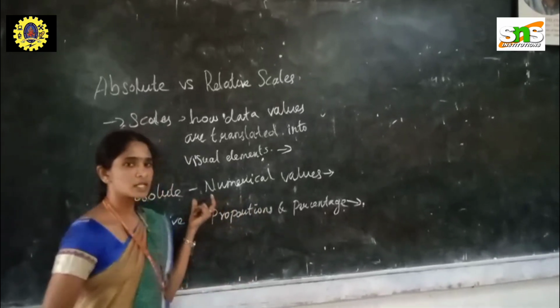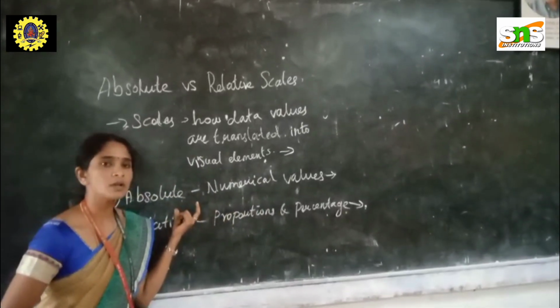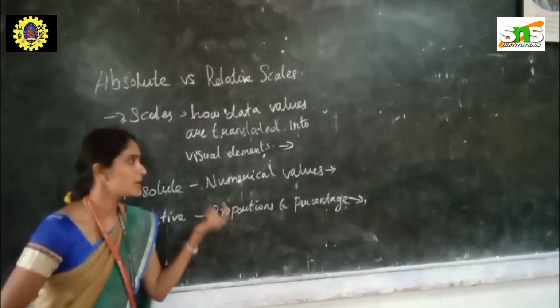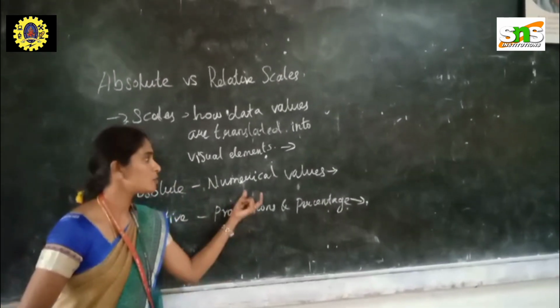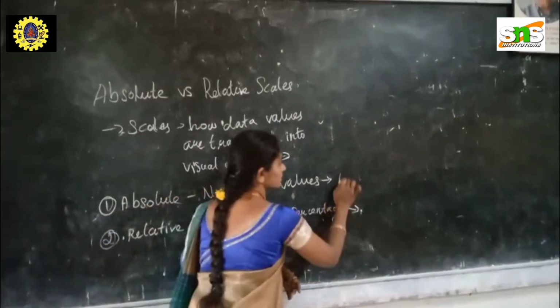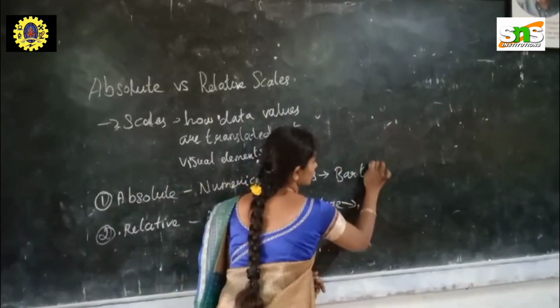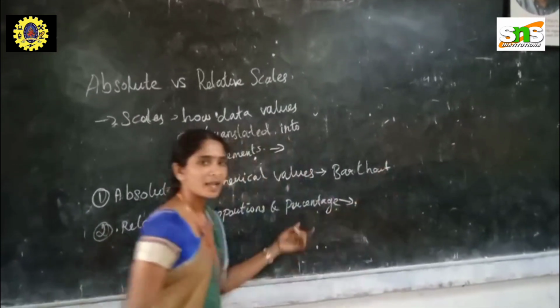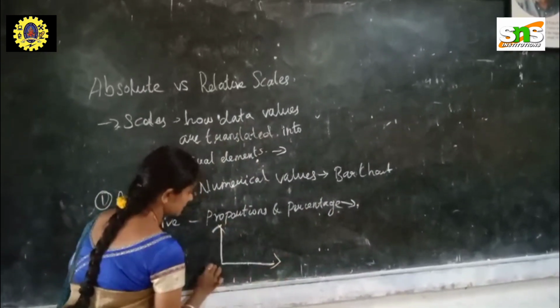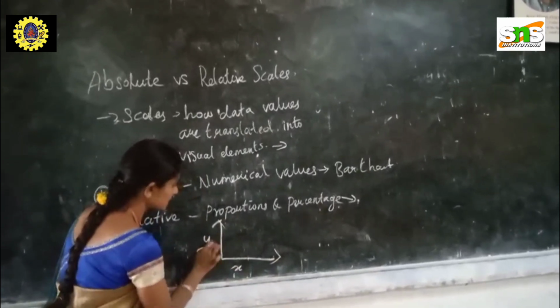With absolute scales, it is useful to choose numerical values only. Based on the numerical values, we choose visual elements like a bar chart or line chart. For example, in a bar chart we use the x and y axis.